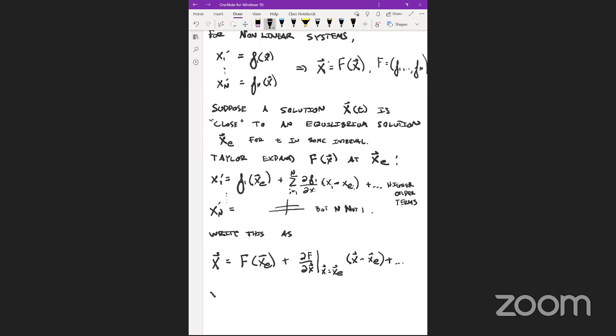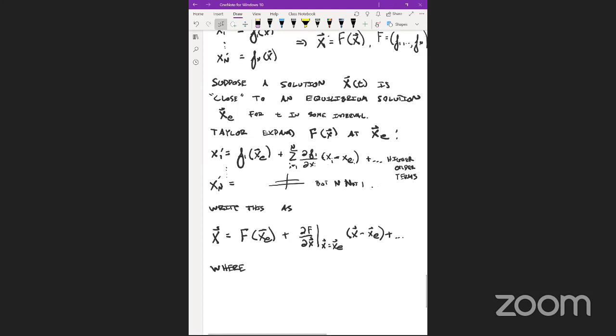And this term df/dx bar is what's known as the Jacobian. So it is the matrix of partial derivatives.